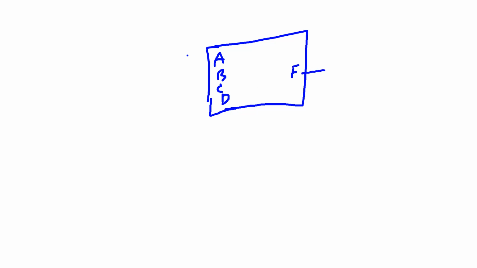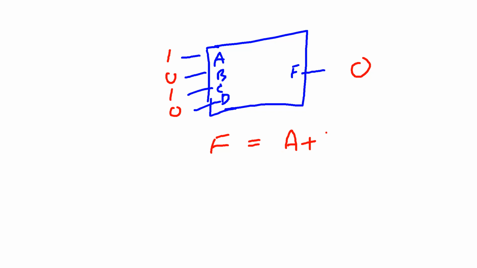So if you know that, how about this? Let me change the inputs to A, B, C, D, output F. If I want the function to be 0 in only one case, when the input value is 1, 0, 1, 0, what is the max term? At first, you write it in OR form, a sum of all variables.